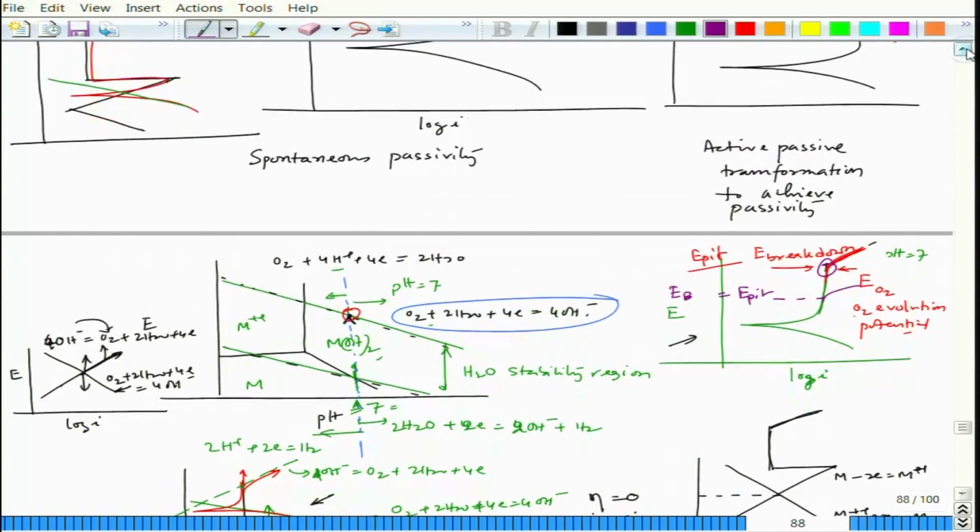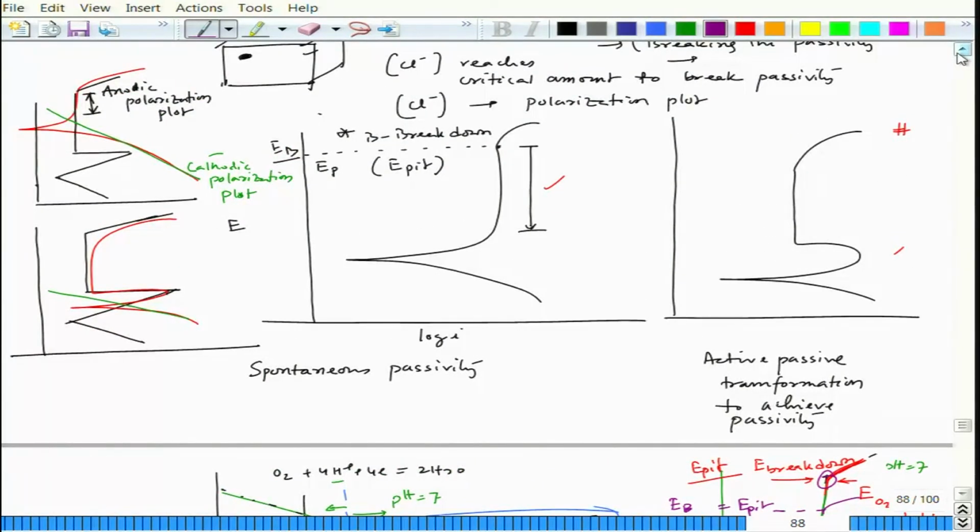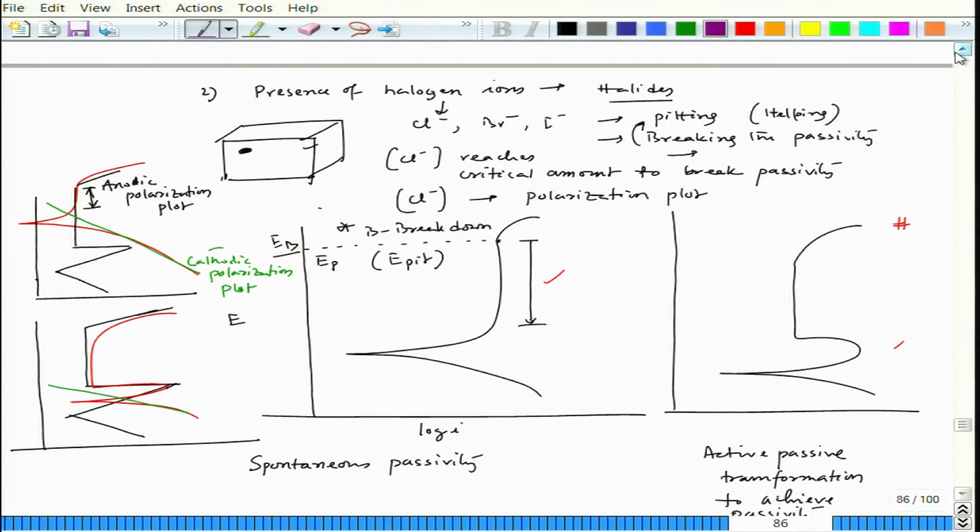So now coming back to the chloride effect. Let us say this is the pitting breakdown potential, or E pit. Now, if we increase the chloride ion concentration, E pit can happen much earlier, and if you increase further it can happen like this. Let us say this is chloride ion concentration C1, this is C2, this is C3. Now we can say that C3 is greater than C2 is greater than C1.